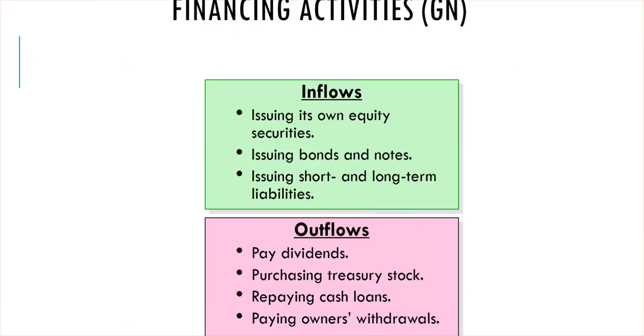In financing, then, this is where it gets a little strange, because when you issue your security, that will create cash for you. When you issue bonds or you have notes, and these are not current notes, and then you have other types of liabilities. Again, it says issuing short or long-term liabilities.